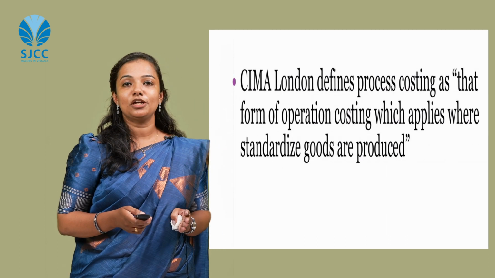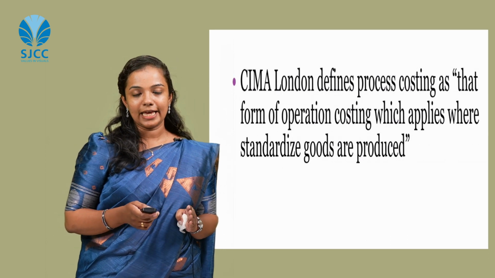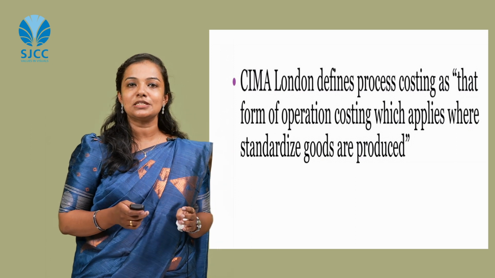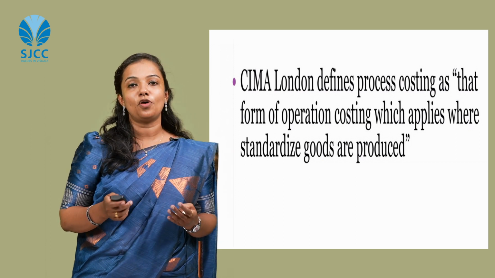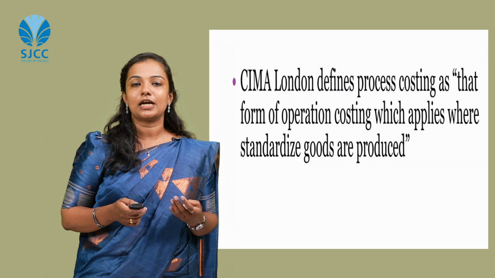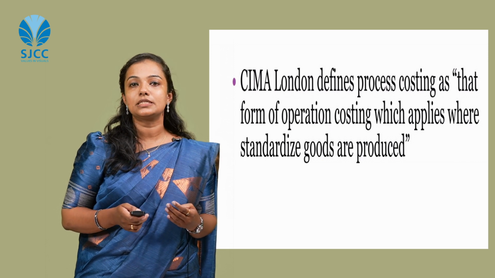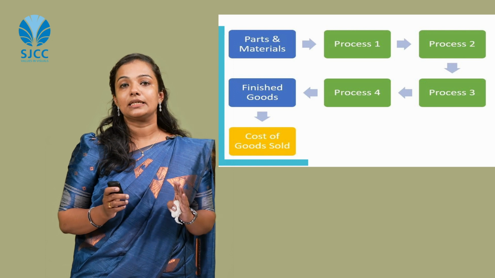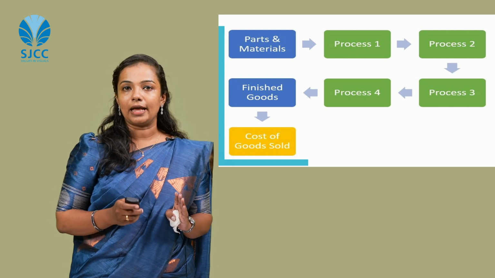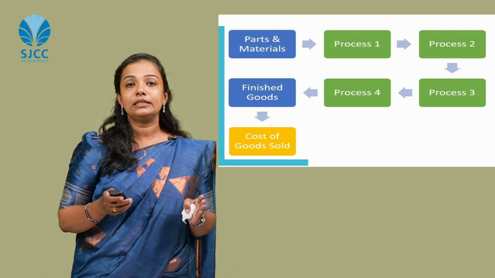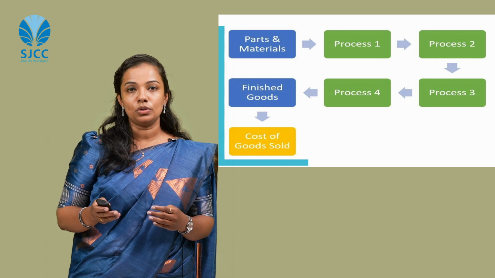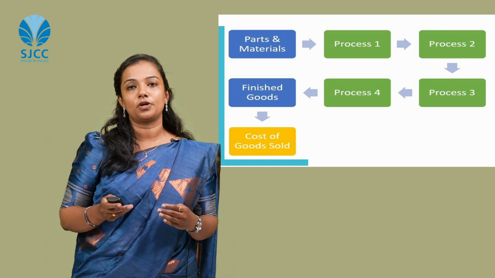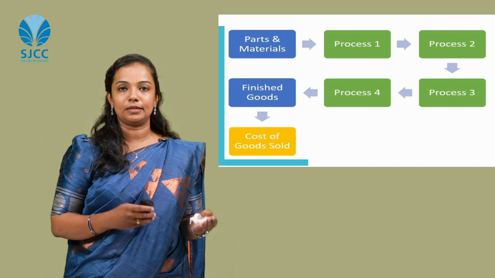Then, the definition of process costing. CIMA London defines process costing as that form of operation costing which applies where standardized goods are produced. See here, process costing is a method of costing used in manufacturing industries where the raw material has to pass through two or more processes for being converted into a final product.